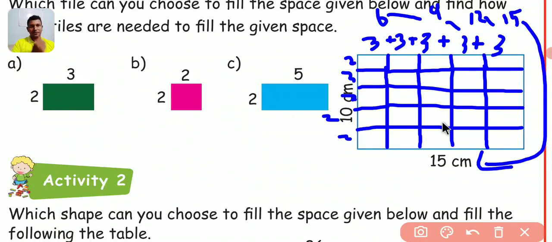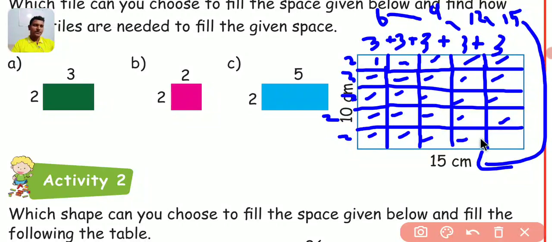Okay, now we have to find how many rectangles are needed to fill this big size rectangle. Now we can count: 1, 2, 3, 4, 5, 6, 7, 8, 9, 10, 11, 12, 13, 14, 15, 16, 17, 18, 19, 20, 21, 22, 23, 24, 25.